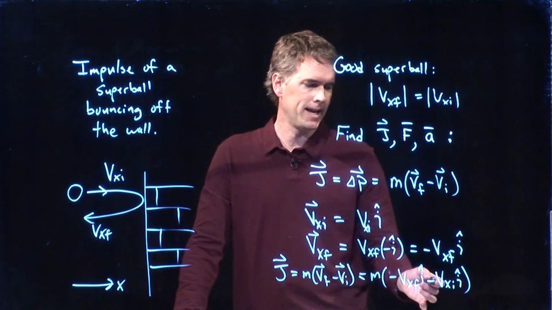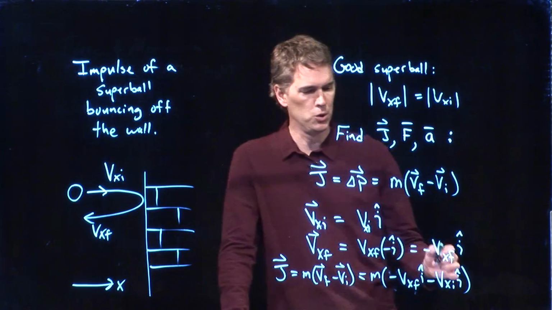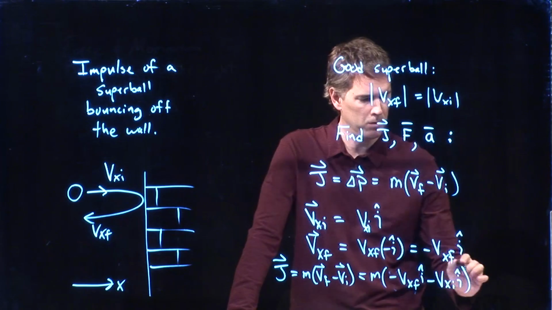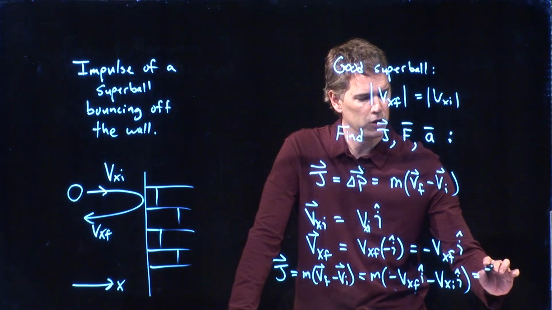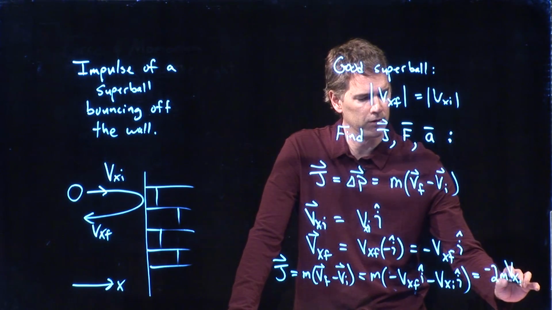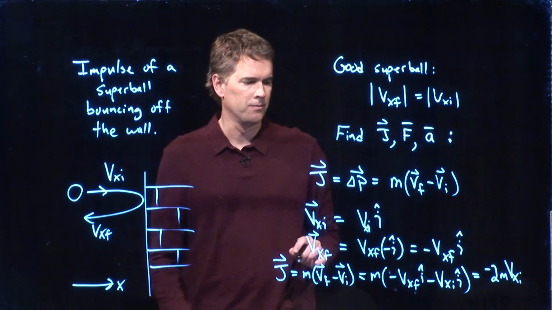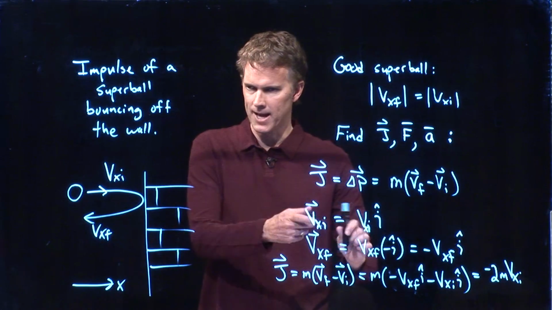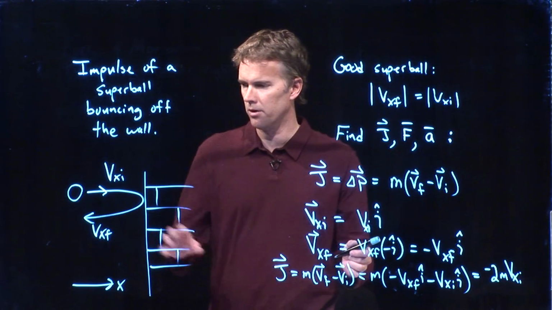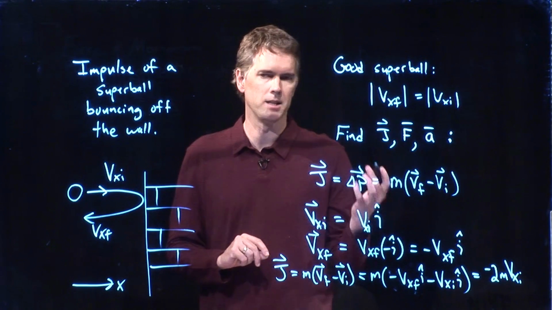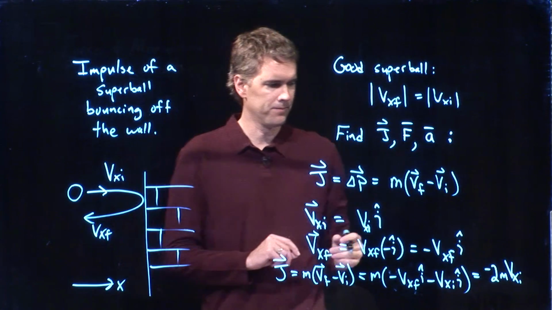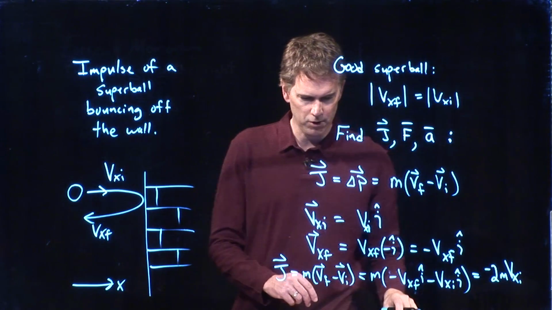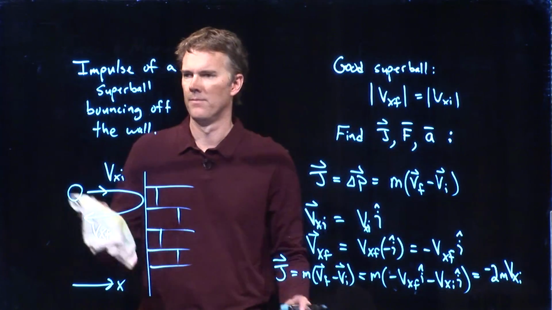When I have minus and minus, I obviously get 2 of them if they are the same. And so in this case, we're going to end up with negative 2m Vx initial. So it's that directionality that is important when we're looking at the deltas, because we're taking deltas of velocity, not deltas of speed. All right, so that's our J.